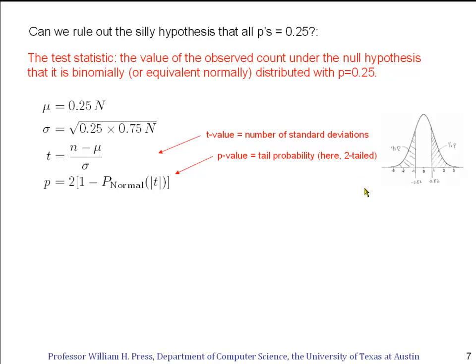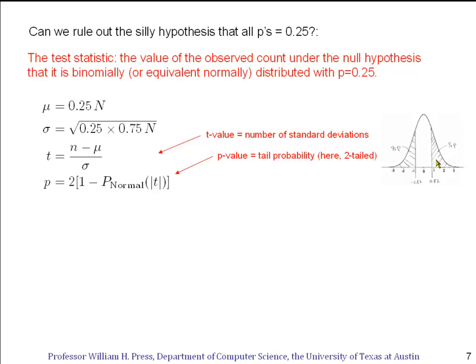So we'll go over to this picture here. Here's a little sketch of a normal distribution. Now what we can look up in MATLAB or Numerical Recipes or any library is the function which is the cumulative distribution function, capital P, of the normal distribution. And that's defined as being the area under the normal curve starting at minus infinity and going up to some point t measured in standard deviations.